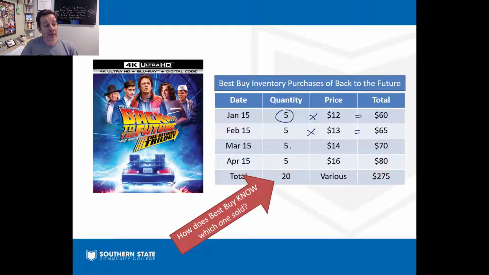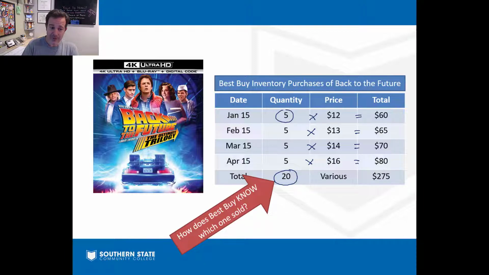The next month, they bought 5 more. Now they paid 14 for every one of them for a total of 70. Then finally, on April 15th, they bought their final shipment. They got 5 more, paid 16 apiece for them for a total of 80. So as of April 15th, they had 20 total Back to the Future trilogy 4K packs there. And they paid various prices for them.